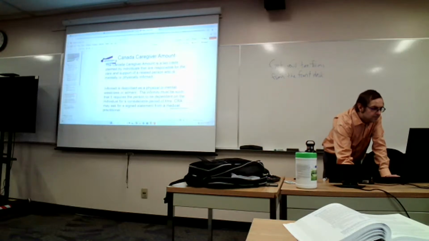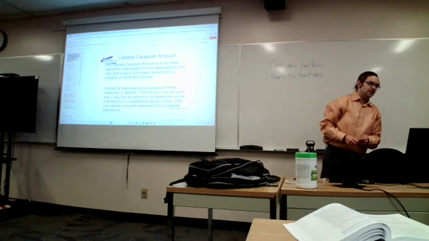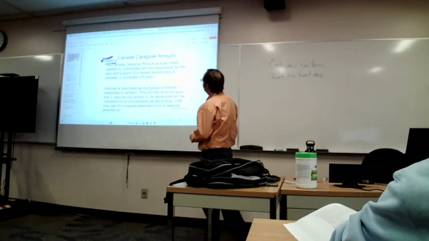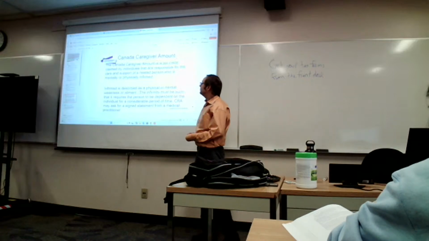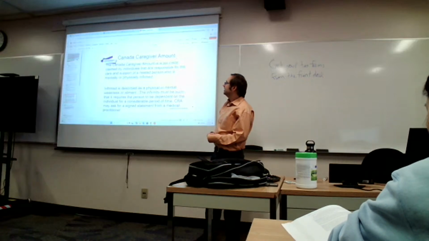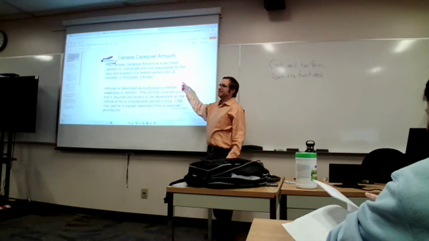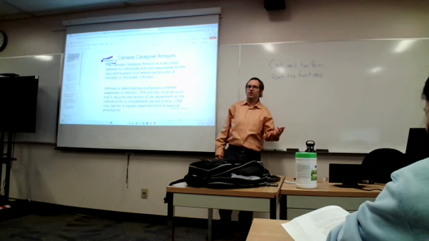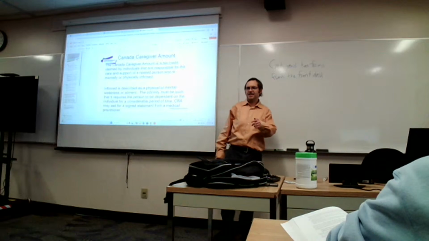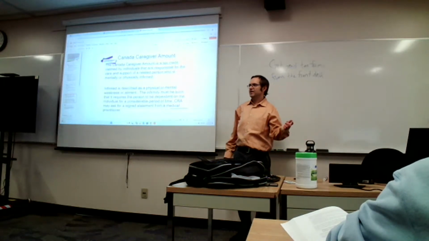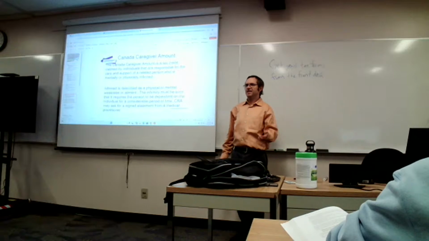Okay. So, like I said, the Canada caregiver amount is claimed by individuals that are responsible for care and support of a related person who is mentally or physically infirm. To be considered mentally or physically infirm by CRA, there has to be a form signed by the doctor saying that yes, this person is mentally or physically infirm. They need assistance in order to live, and then you take that form and send it off to CRA.